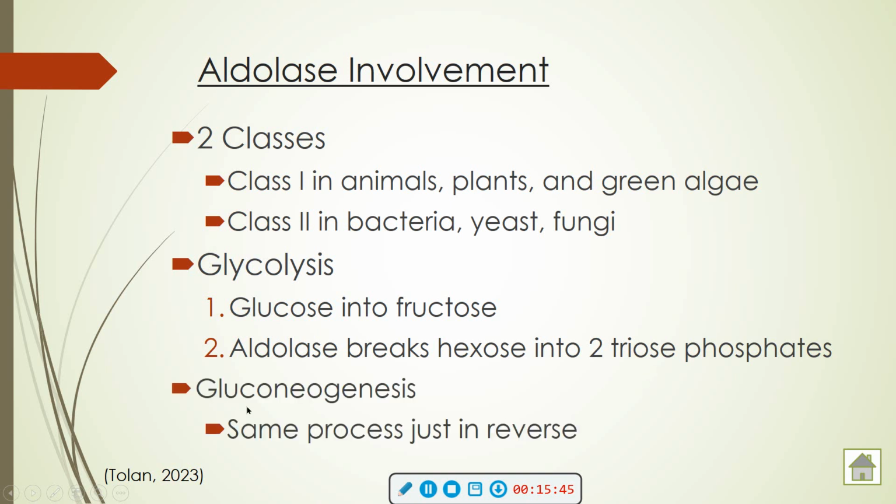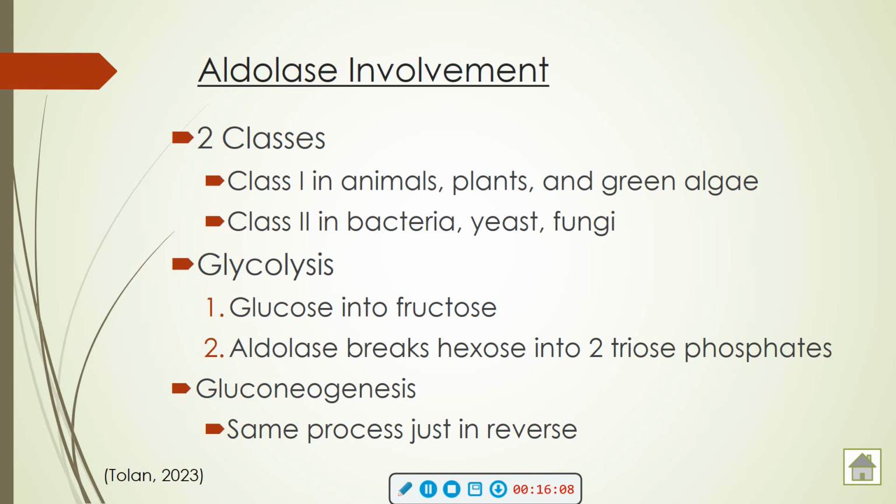And then in gluconeogenesis, it's the same enzyme, the aldolase enzyme. It is the part that they share. It is that similarity that makes it seem like they are the perfect thing in reverse. But in the case of this enzyme and the process, it is the process in reverse.